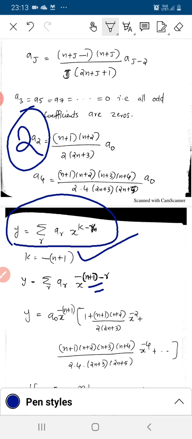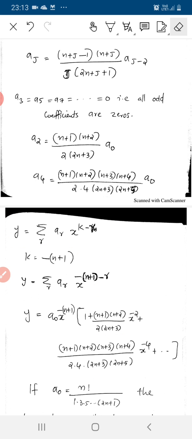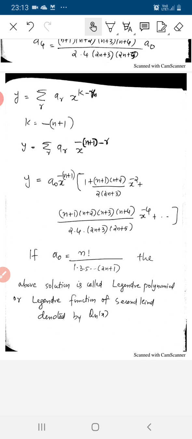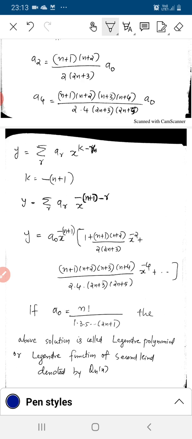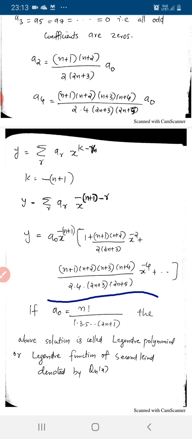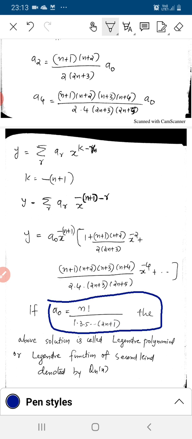If we substitute for a0, a2, a4, etc., we will get this expression. So we get a series again. We have a0 in each of these terms, that's why it is taken as a common factor.